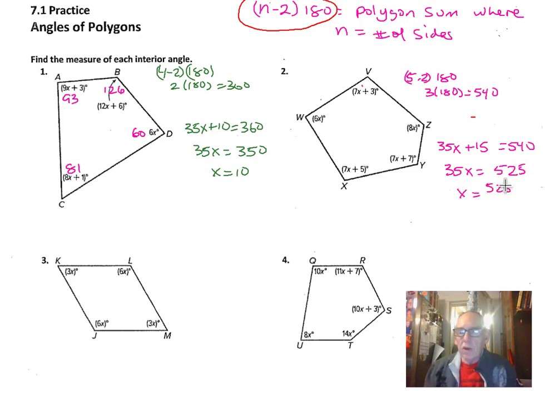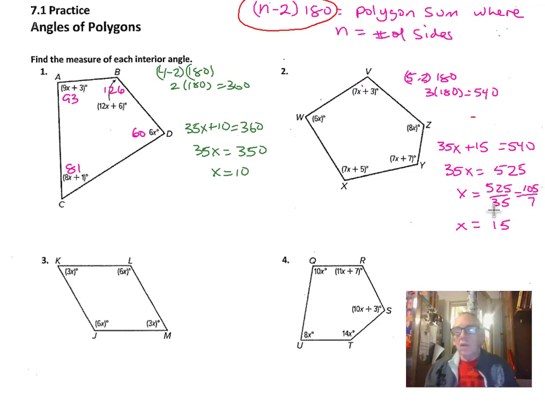Divide both sides by 35. So we have 525 over 35. If we take 5s out, we have 105 over 7. And 7 times 15 makes 105. So x is going to be 15.